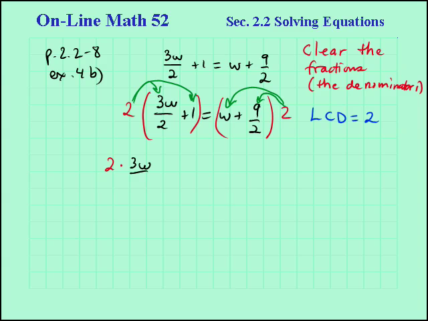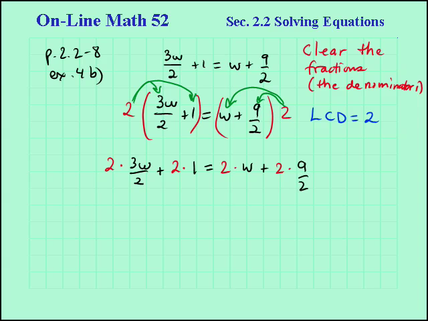So it takes me just a little bit of time to create that for you. 2 times the 1, as well, and 2 times the w, plus, here again, 2 times the 9/2. So every single term is being multiplied by 2, whether it has a visible denominator or not.